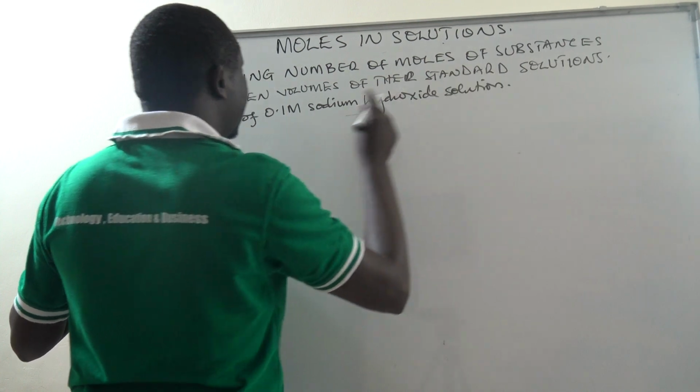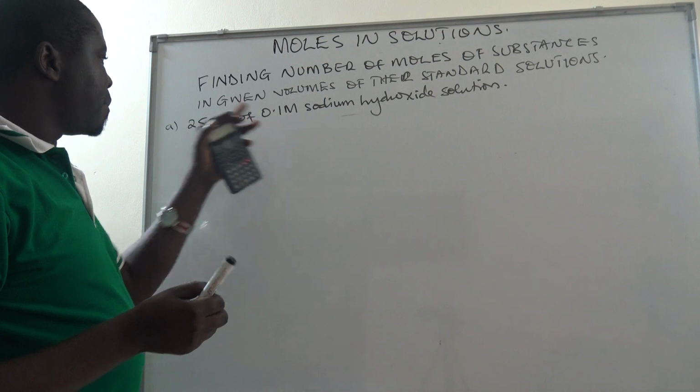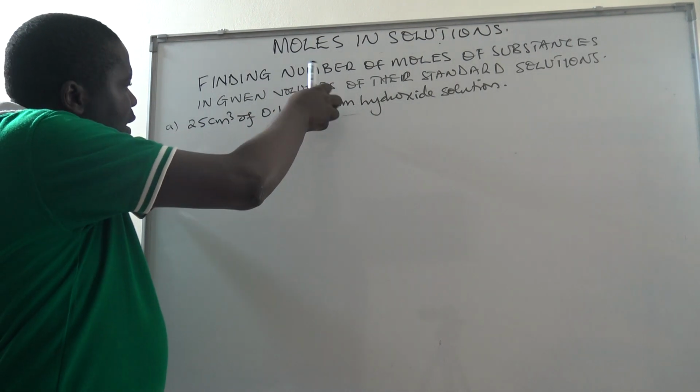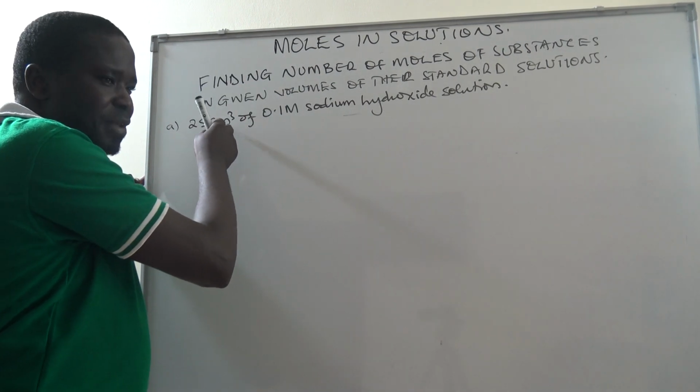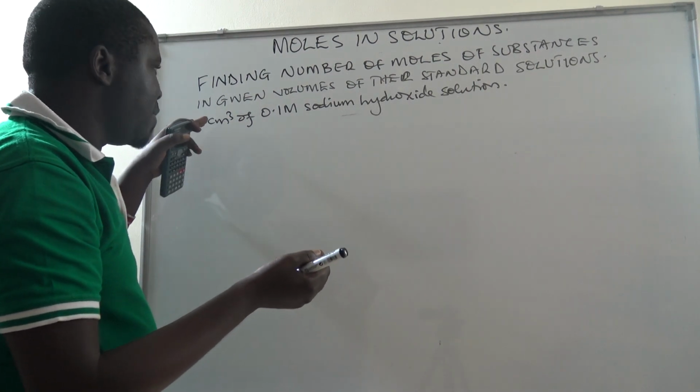This is a standard solution with a known molarity, it is 0.1 capital M. And out of that solution, we have only 25 cubic centimeters. So how many moles are in the 25 cubic centimeters?